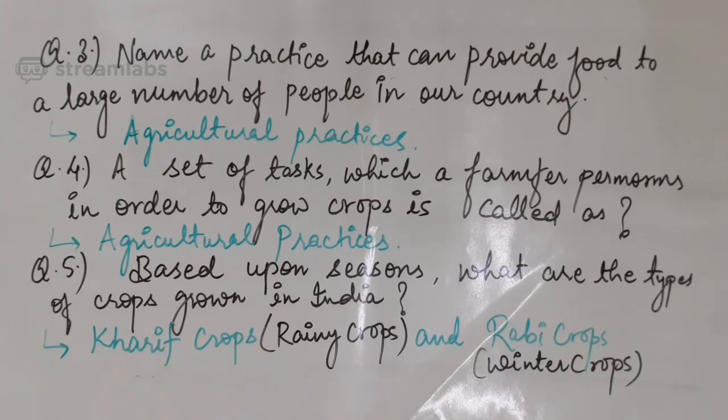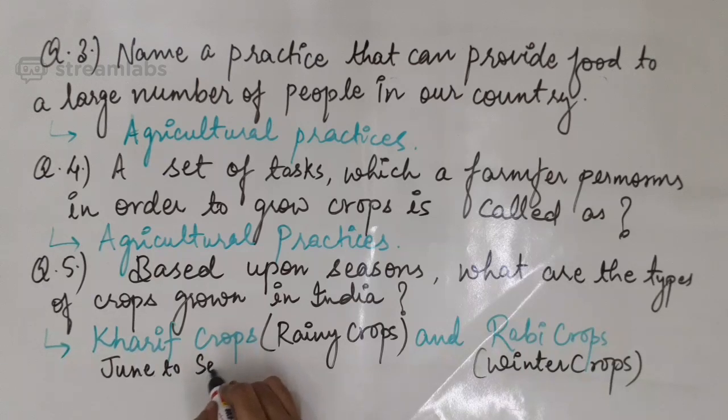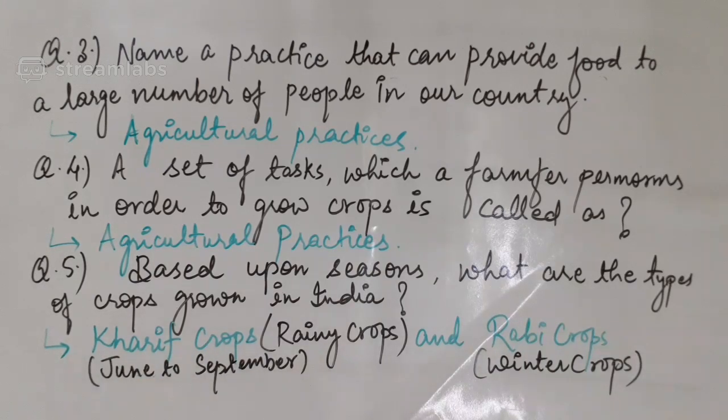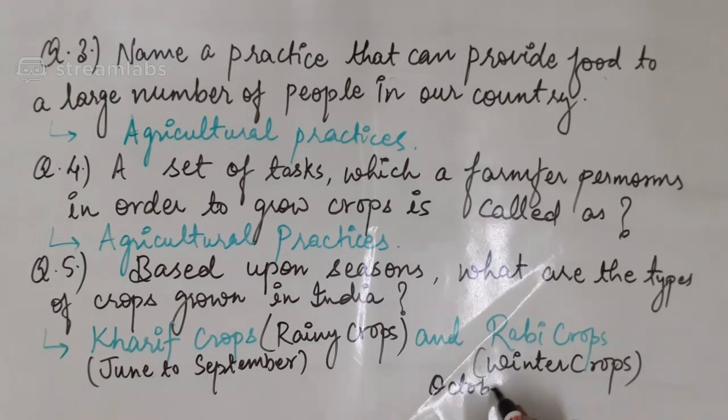Those crops which are grown in the rainy season, especially from June to September, are considered as Kharif crops, and the winter crops are grown from October to March.